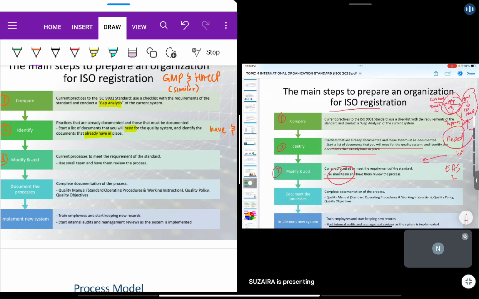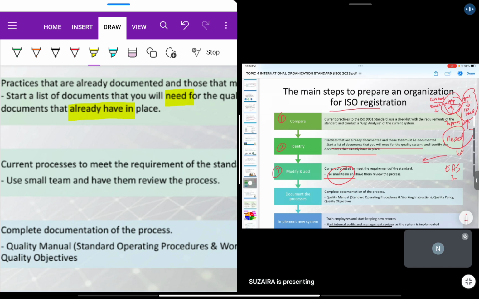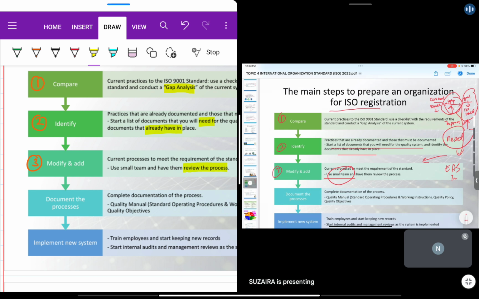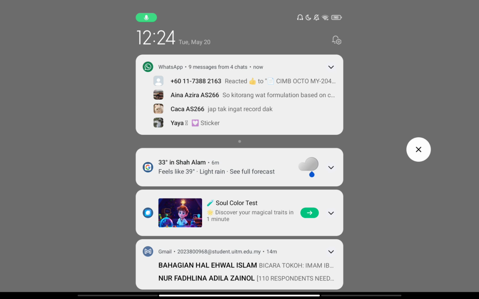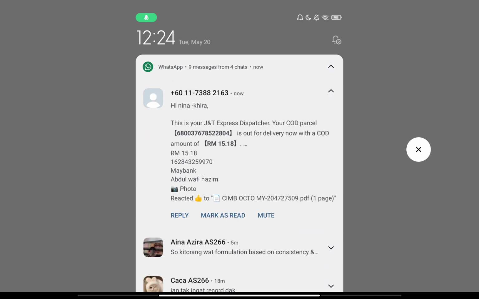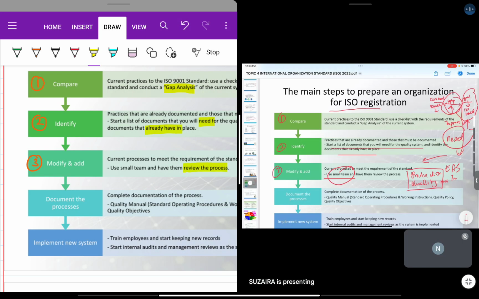Okay, so if you are working in a production department, you will have more knowledge about the process, the parameters, the CCPs, the AQM, lots of documents. The big areas involved are the production area and also the quality department.